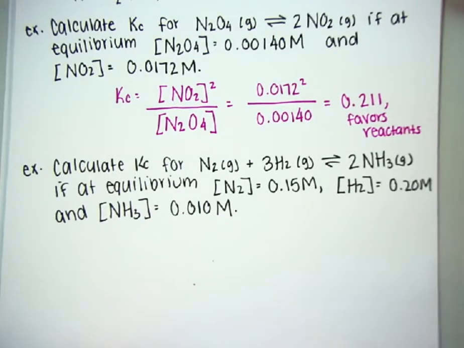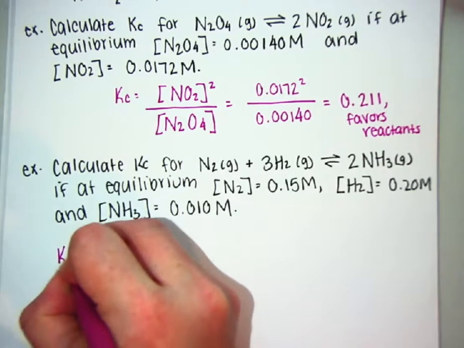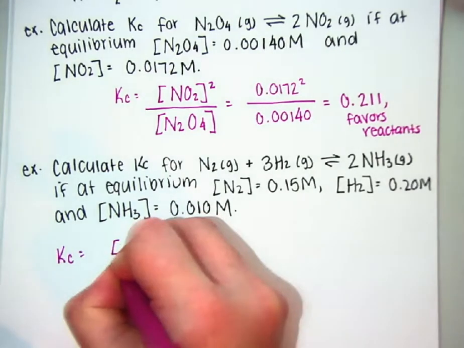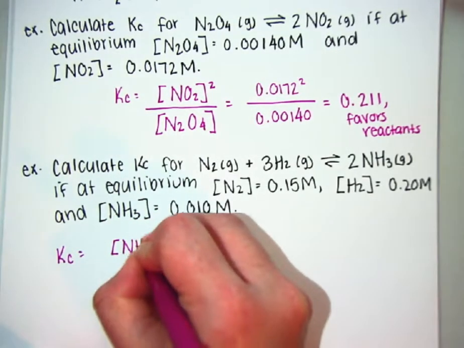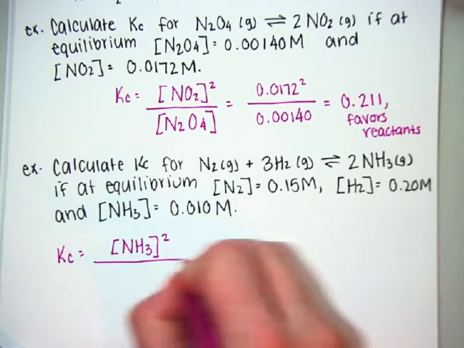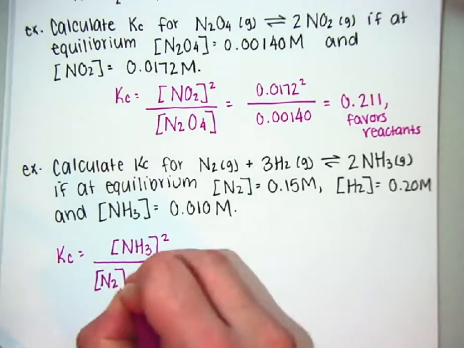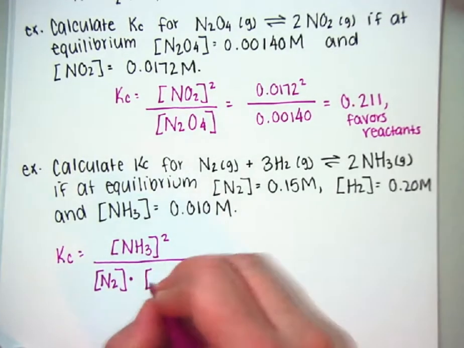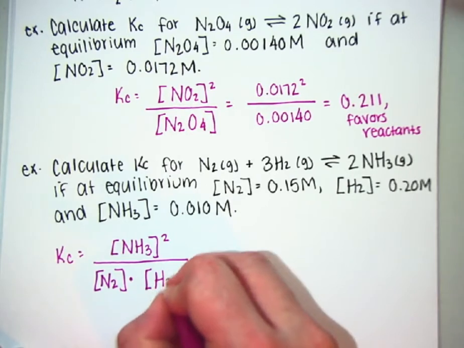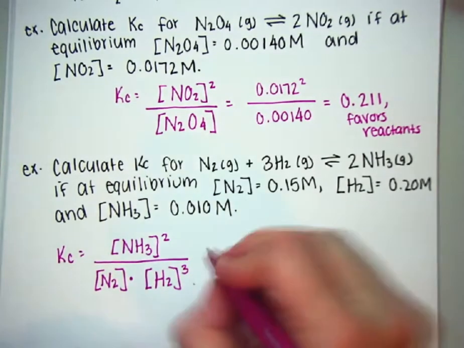When you're done, unpause the video, come back and see how you did. All right, so we are first going to write our expression, products over reactants, each raised to the power equal to their coefficient. If we have more than one reactant or more than one product, we multiply those values together.